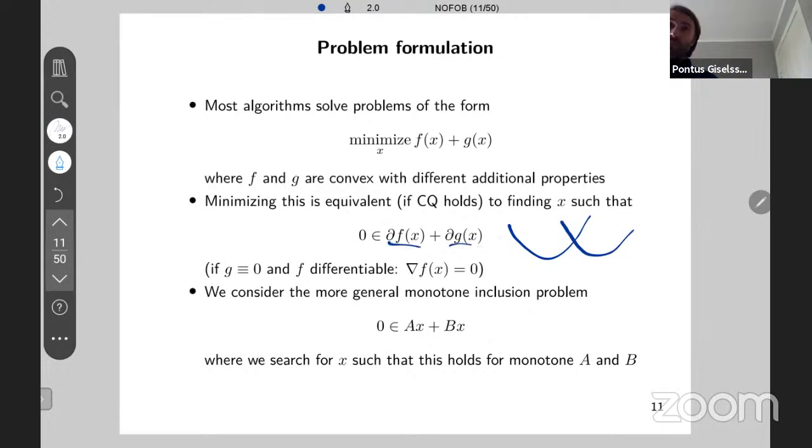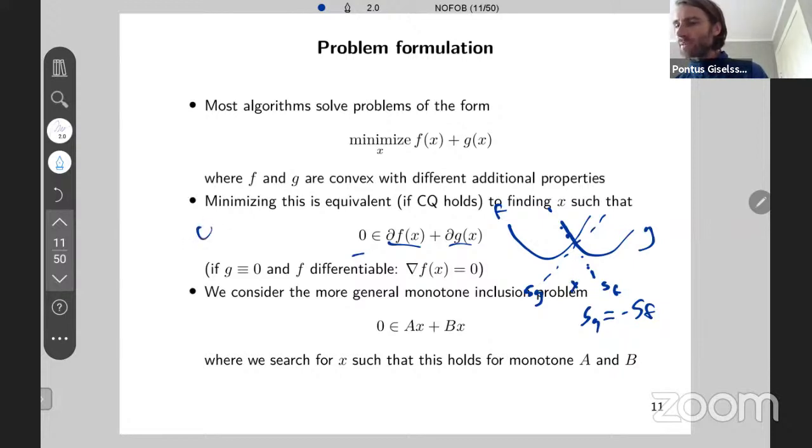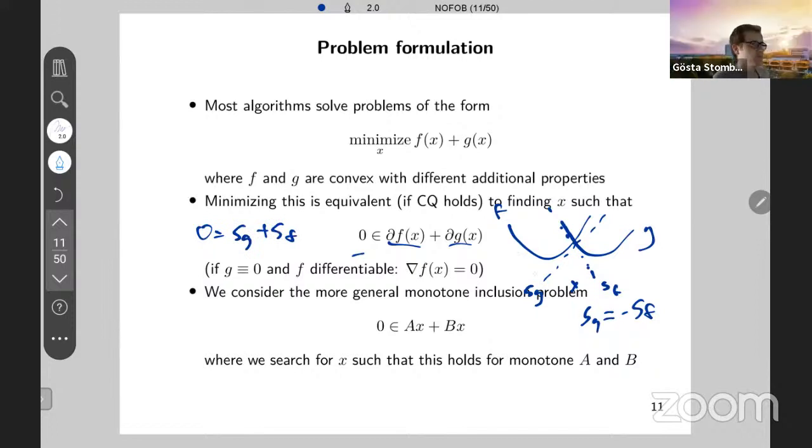These are differentials, these are just gradients now, so they define slopes of affine minorizers. Say the slope of F is SF and the slope of G is SG. If SG equals minus SF, so that they have opposite directions, then this condition tells us that this is the optimal point, because then 0 equals SG plus SF. And if you add these two figures together, hopefully it will have its minimum somewhere here.